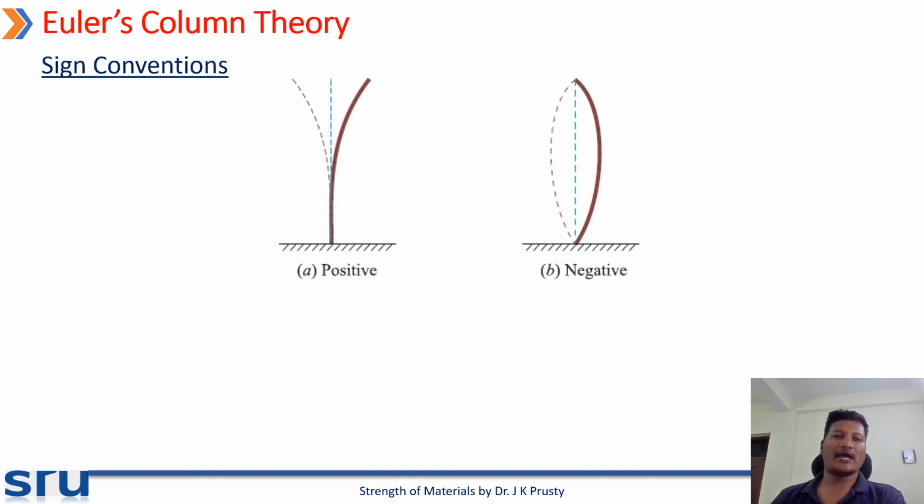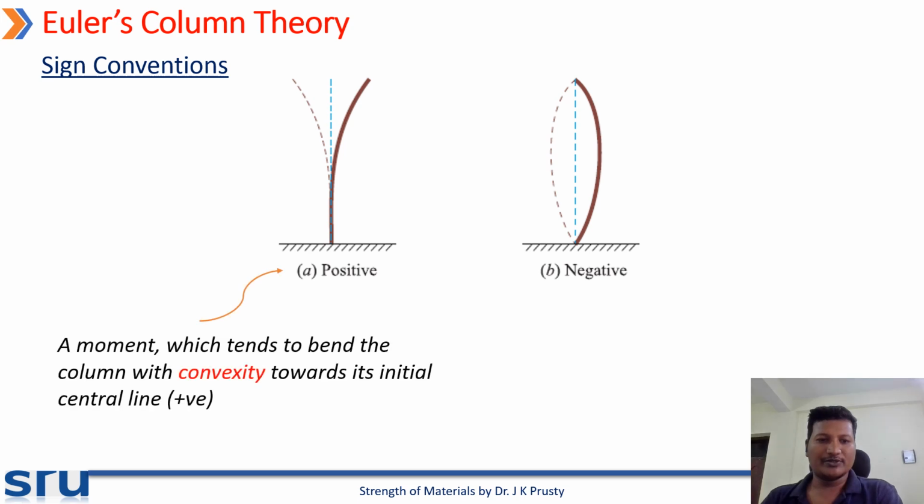So coming to the sign conventions. When we apply a compressive load to a column, it will buckle either way. It may deviate from the axis in this way, or in this way. That is, one is convexity towards its initial center line, or concavity towards its initial center line.